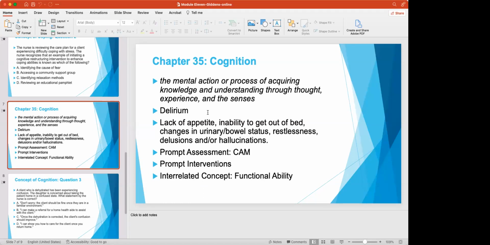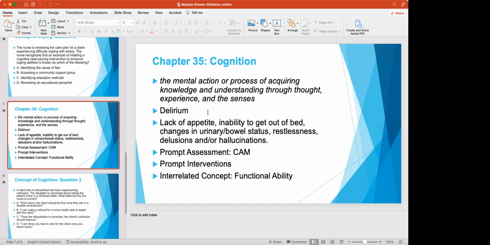Memory and judgment are impaired, and disorientation may occur. Speech can be rapid, rambling, or incoherent. Sudden intense emotional swings, hallucinations, vivid dreams, and delusions may also occur. Restlessness is also common, although in some cases, activity may be reduced.